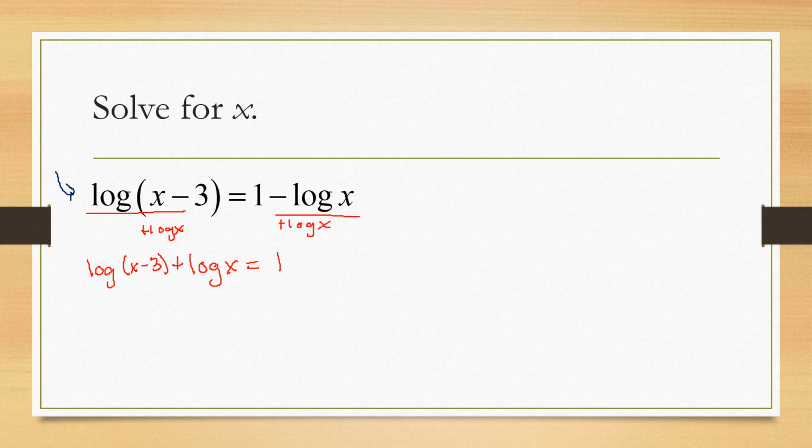Then I'm going to condense this log side. Because they're being added, I'm going to use the product rule. So log of x times x minus 3 is equal to 1.